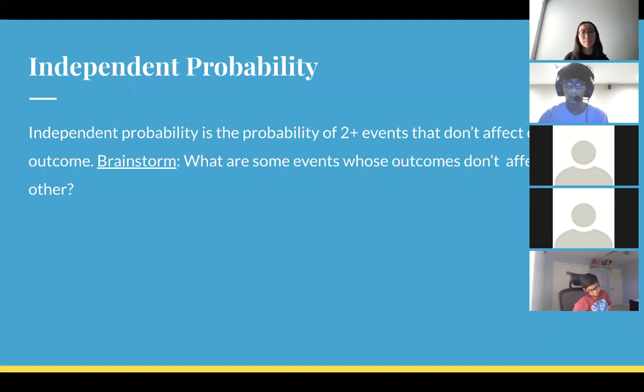So what are some events whose outcomes don't affect each other? Think about everyday examples of events whose outcomes don't affect each other.